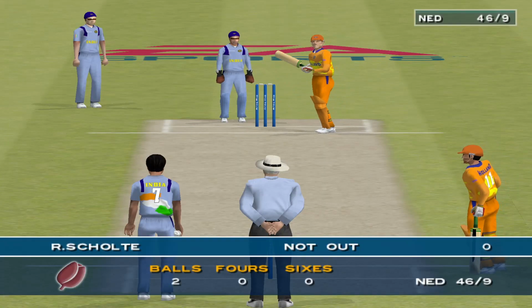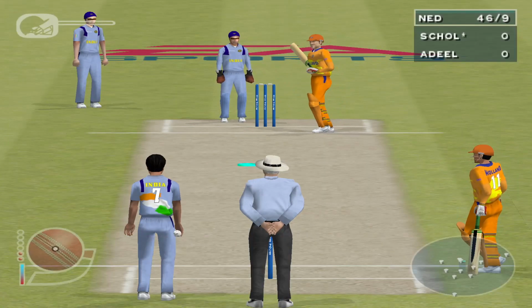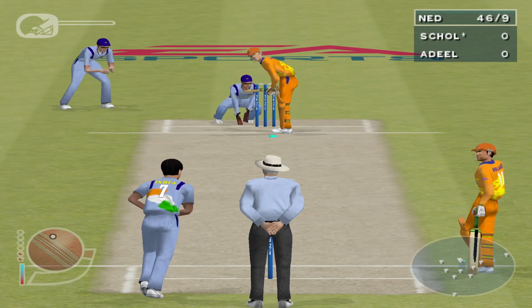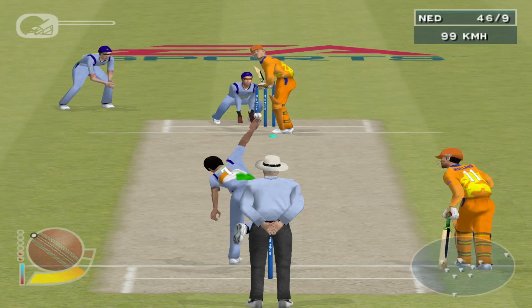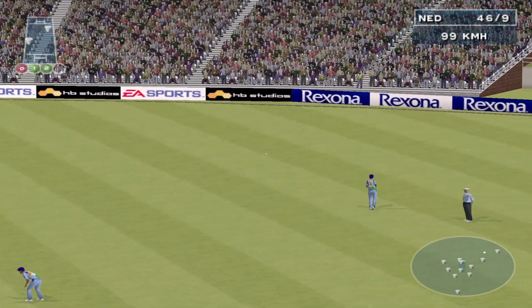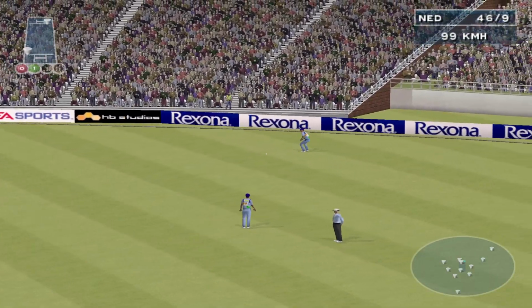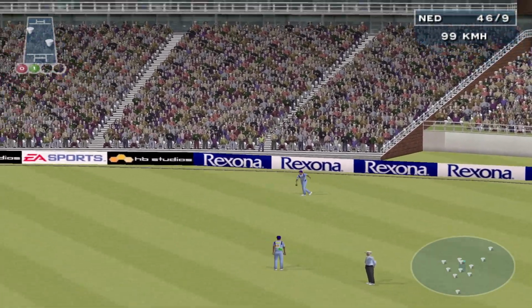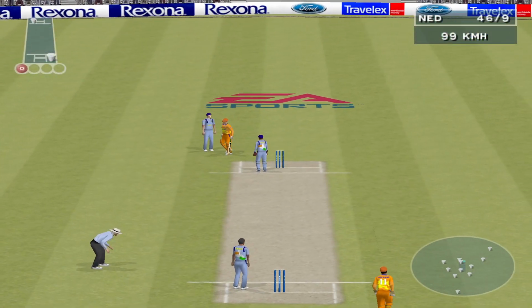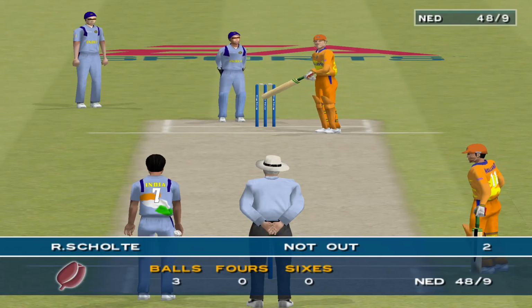Scholt waiting at the striker's end. Khan is chasing that one, flicked off his legs. Khan just picks that up inside the rope. A couple there to Scholt.